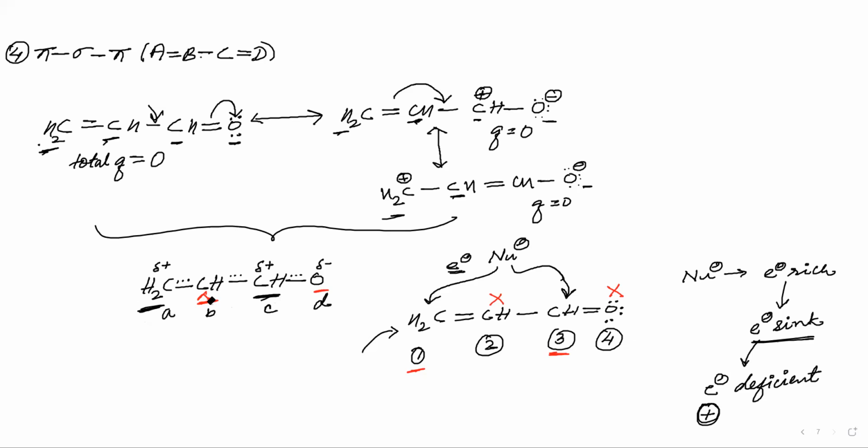B is electron deficient. If I ask you why B is electron deficient? So you just guessed it. Okay, fine. Electron deficient will mean less negative charge, correct?